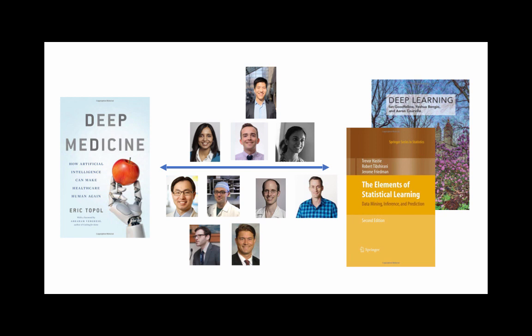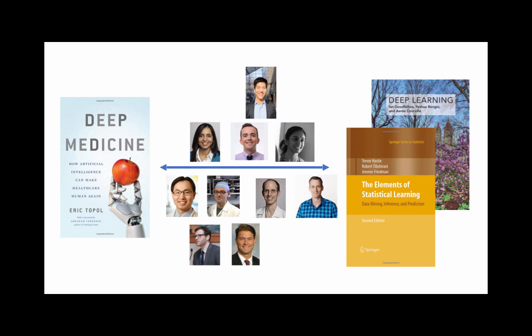So we end up on this continuum from technical to clinical, and I put these books up just because everyone knows them. If you work in deep learning or statistical learning or machine learning at all, you probably know both of these books. Deep learning is relatively recent, I guess it was 2016, so it's a few years old. And then the classic statistical learning books, which are quite technical.